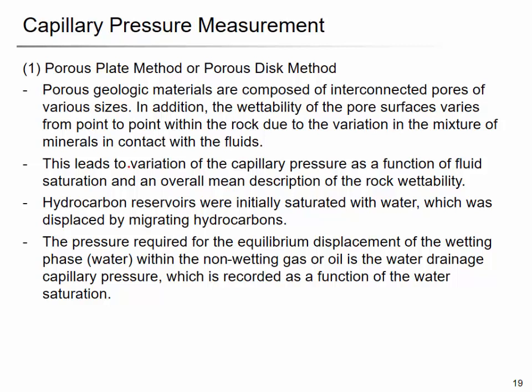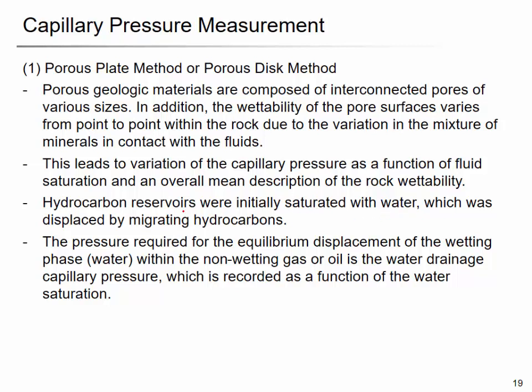I think we've learned the origin of the petroleum and the petroleum reservoir. The reservoir is originally wetted or saturated with brine, and then petroleum migrated into the reservoir, right? So hydrocarbon reservoirs were initially saturated with water, and then the hydrocarbon displaces the water, and it becomes the hydrocarbon reservoir.